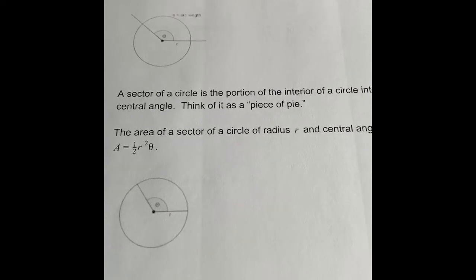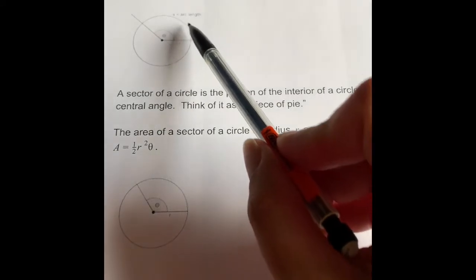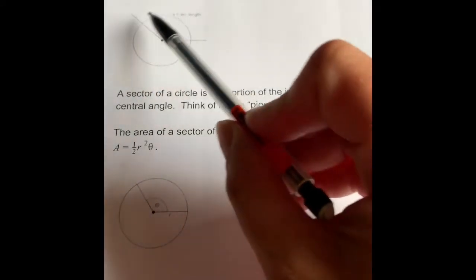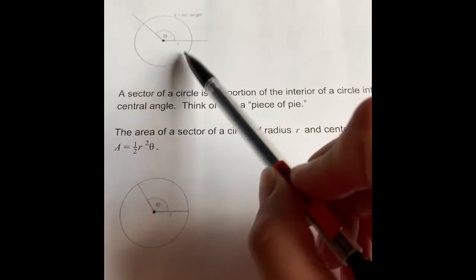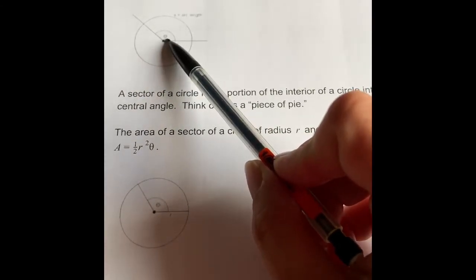So again, remember, an arc length is just the measure of a part of a circle, the outside of a circle. We know that the degree of a circle is 360. So if we were talking about this entire circle, your theta would be 360.